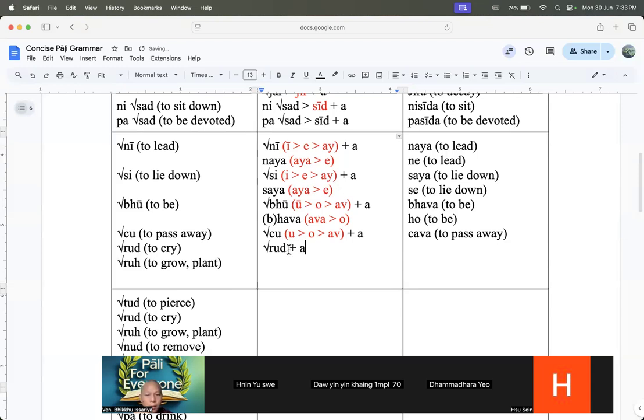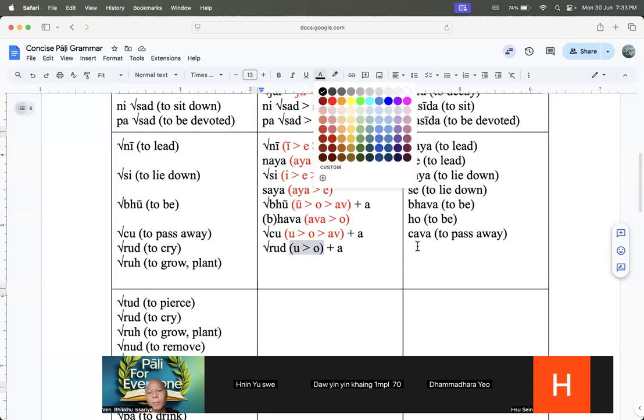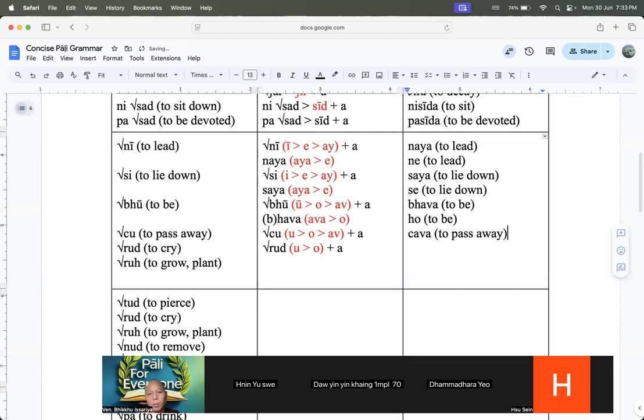But here, just the middle vowel, this u. That one is called the root vowel or radical vowel. So that u is changed to the o. So now we have roda. Roda means to cry.